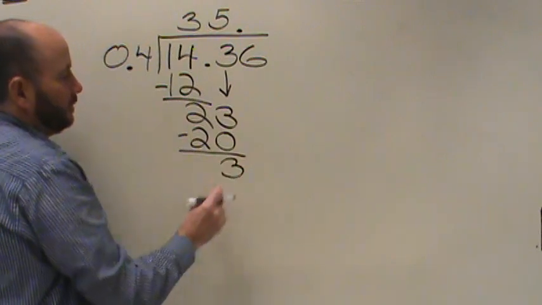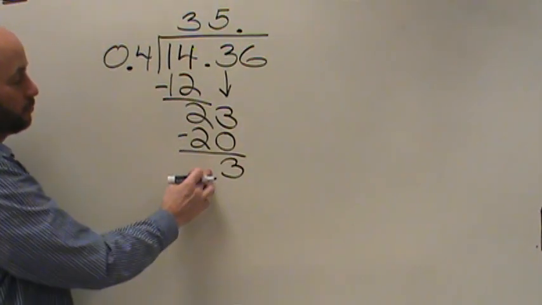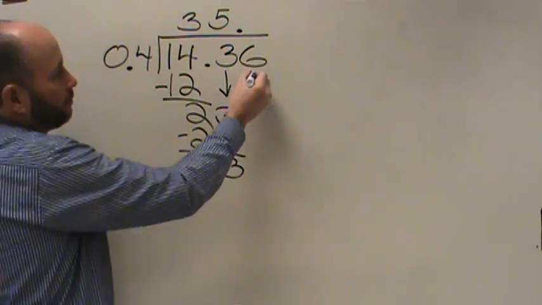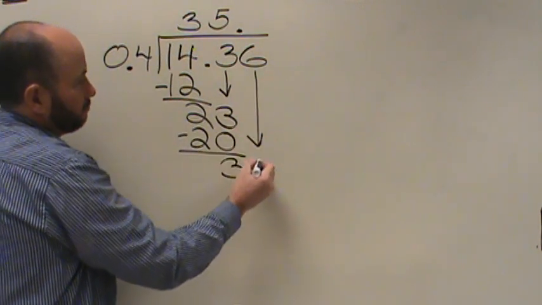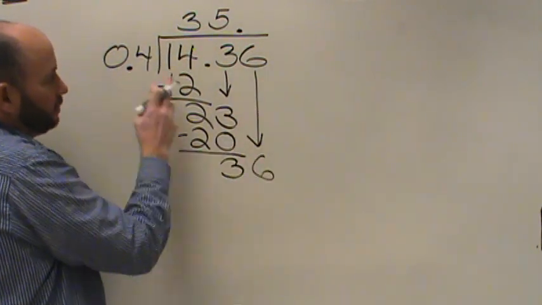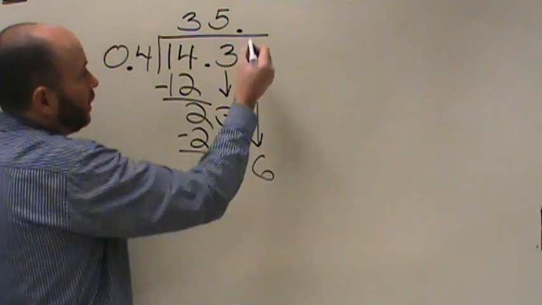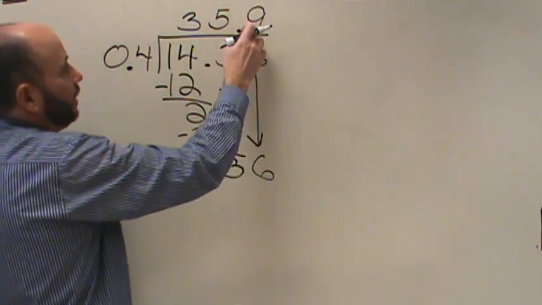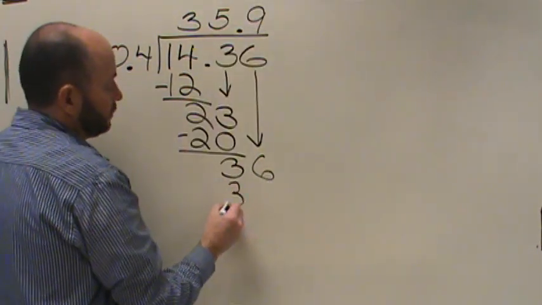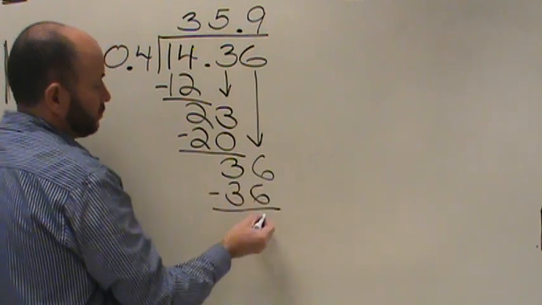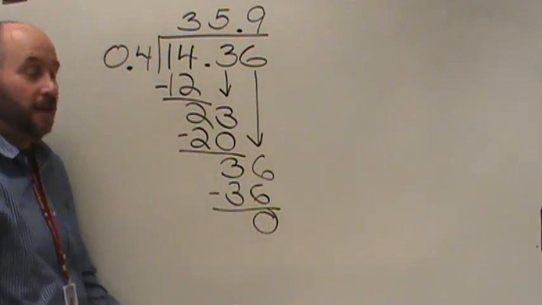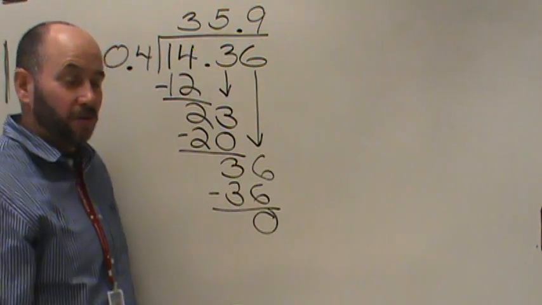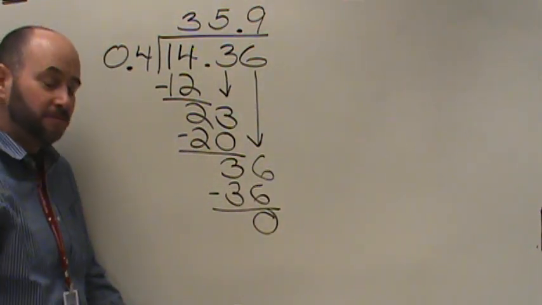Subtract, and you have 3. Partial remainder is good. Bring down your 6. 4 into 36 will go 9 times. 9 times 4 is 36. Subtract, and you have 0. And this is a terminating decimal, and there is your answer.